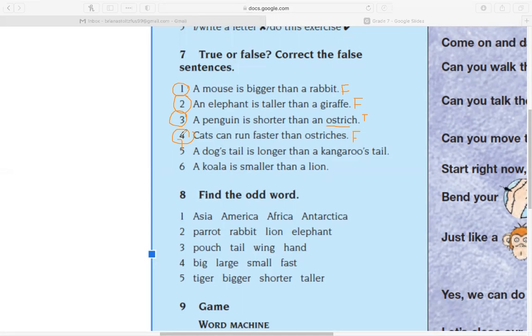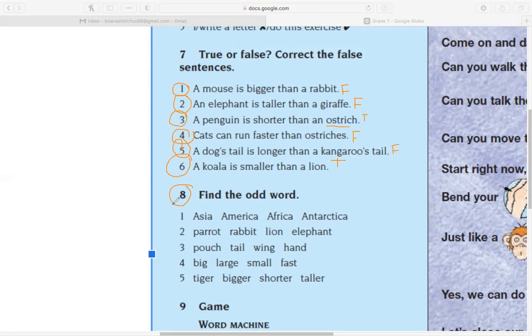Number 5, a dog's tail is longer than a kangaroo's tail. This is false. A kangaroo's tail is longer than a dog's. 6, a koala is smaller than a lion. True or false? This is true. A koala is smaller than a lion.